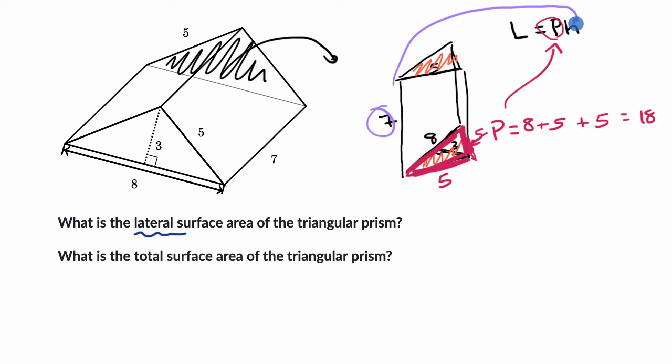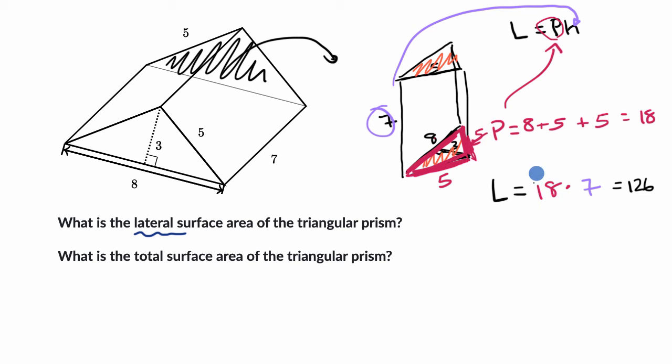So the lateral surface area is equal to 18, that's the perimeter of the base, times the height, times 7, which is going to be equal to 10 times 7 is 70, 8 times 7 is 56, 70 plus 56 is 126. 126, and they don't give us the units here, but we could say square units or unit squared, however we want to think about it.